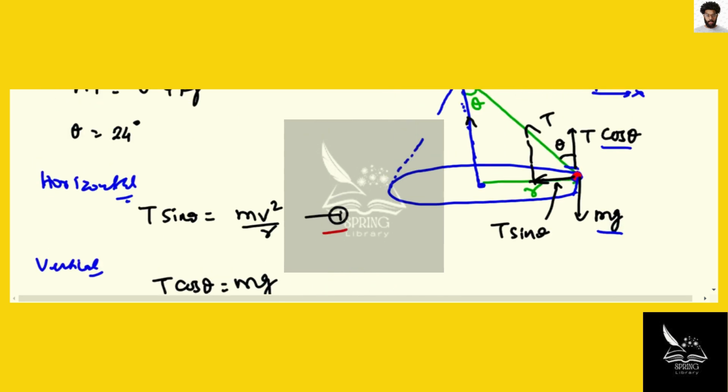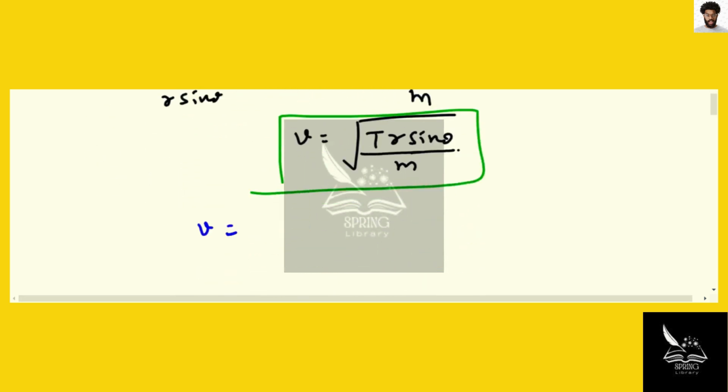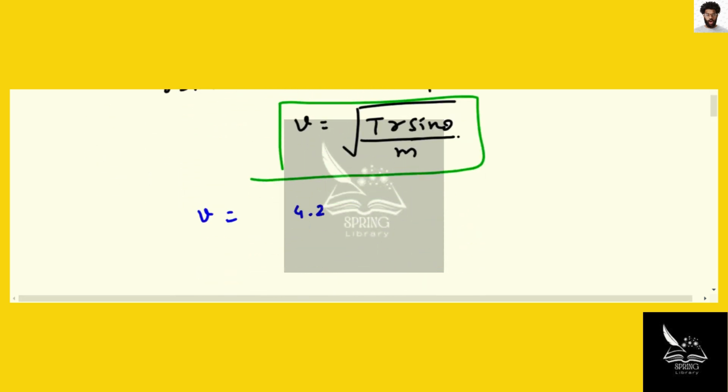So let us plug in the values we know. V equals the square root of the tension, 4.29 newtons, times r, which we don't know, times sin 24 degrees, divided by m, the mass, 0.4 kg.